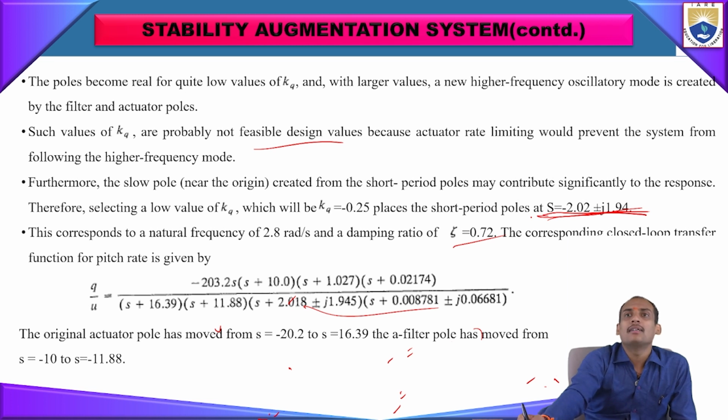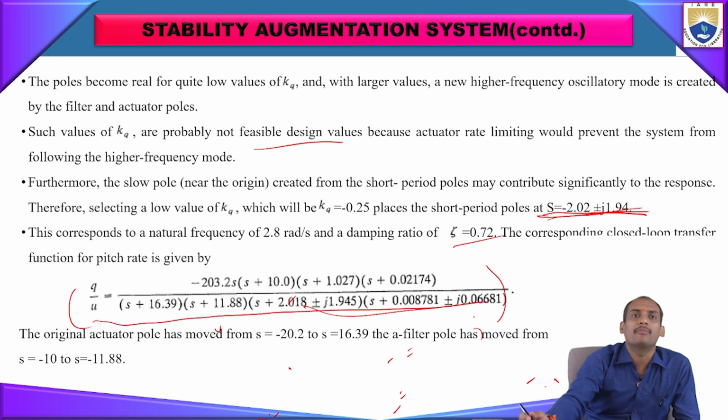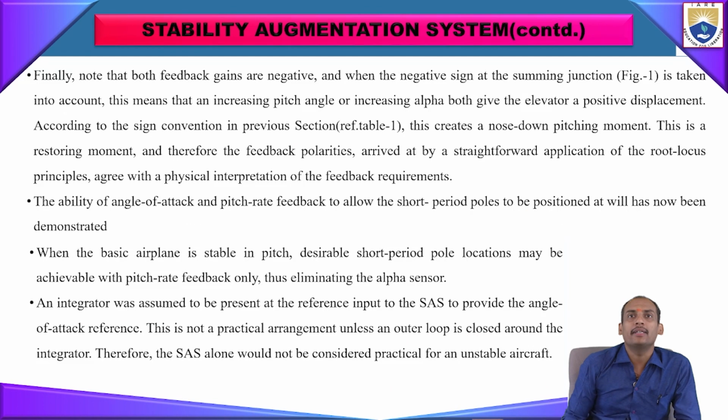The closed loop transfer function of pitch rate is taken from here. The original actuator pole moved from minus 20.2 to minus 16.9. The filter pole has been moved from minus 10 to minus 11.88.